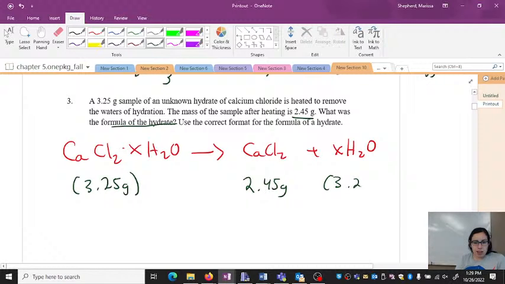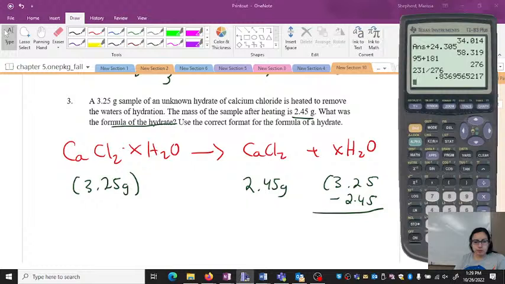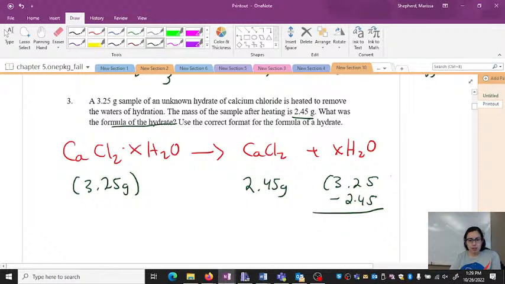So you'll do this in lab. You start with 3.25 minus 2.45. Oops. And that just gives us 0.8 grams of H2O.